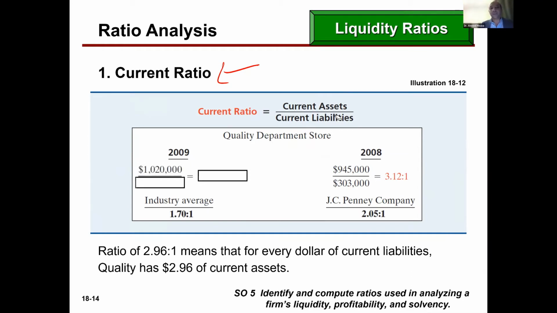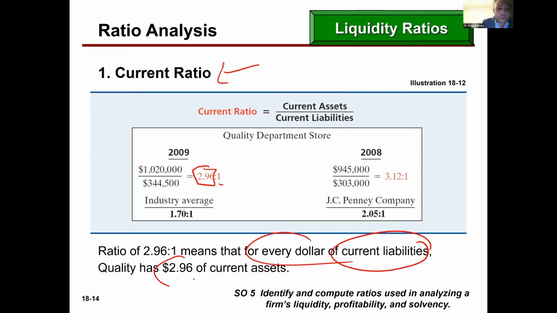I divide the numbers and it shows that current assets divided by current liabilities is 2.96. That means for every dollar of current liabilities, I have $2.96 in assets. So am I in a good liquidity position or not?